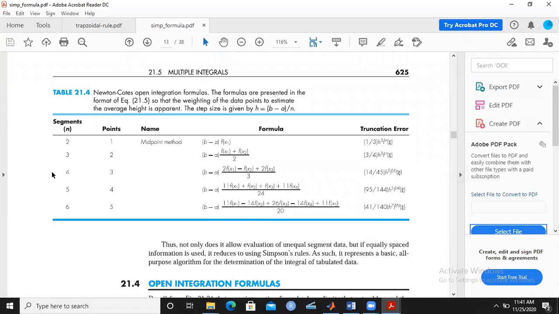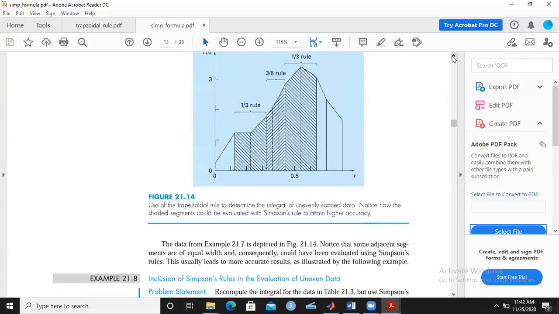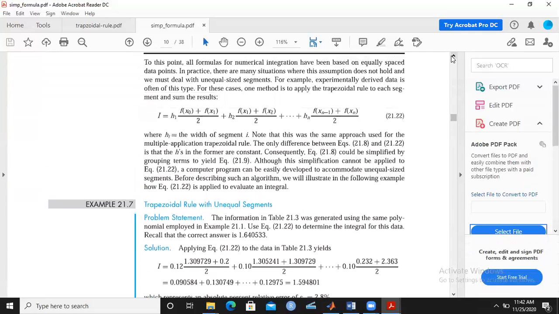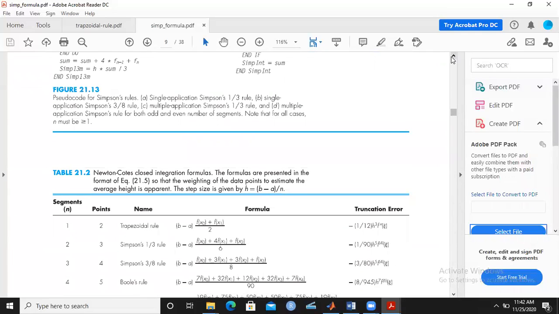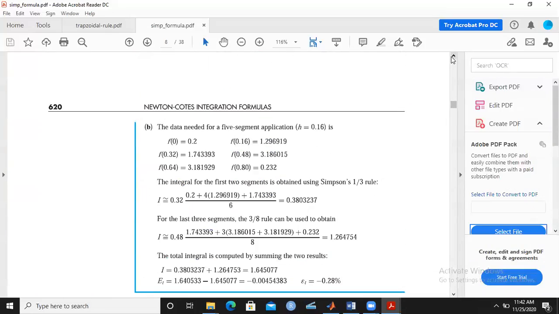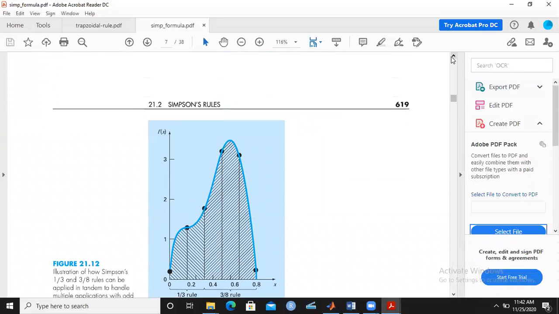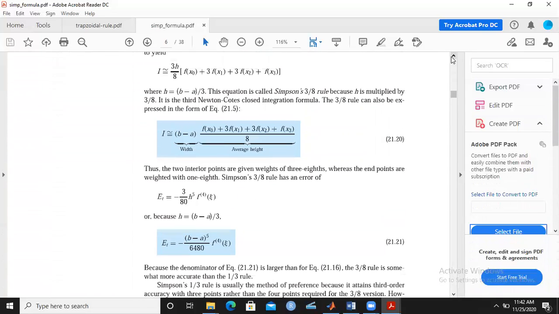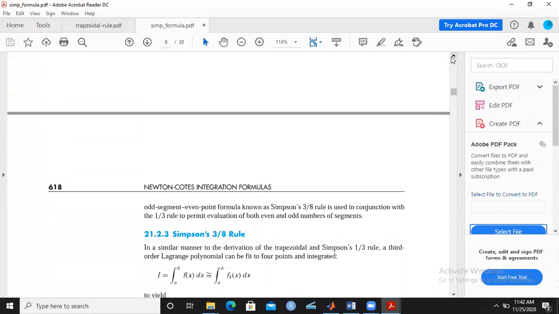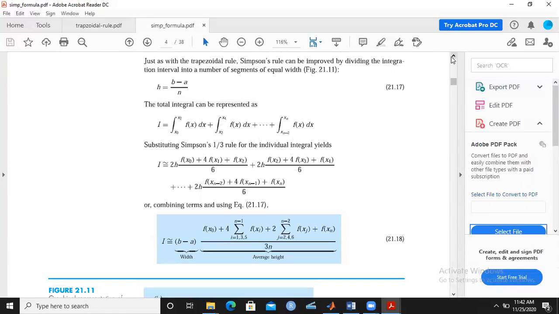Here you can see that we have a table of different formulas.